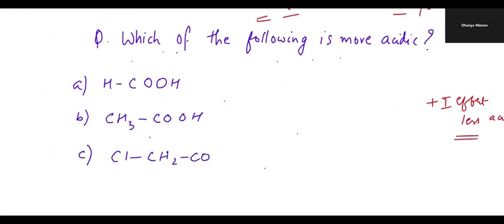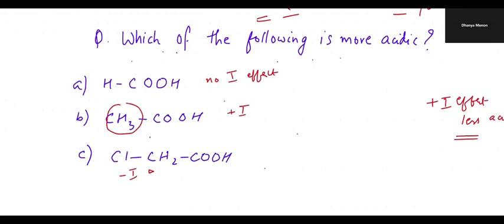C is ClCH2COOH. Now, if you see here, there is no I effect. Here, there is plus I effect. And here, there is minus I effect, but at the same time, there is plus I effect because of the CH2 group, and also the distance.